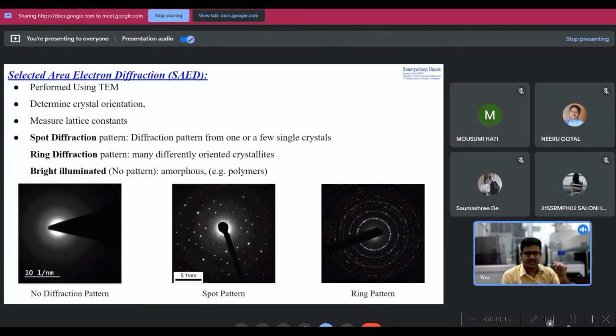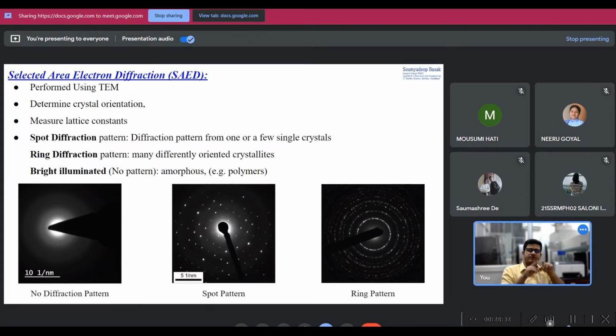So what is a ring? It is basically a ring-like arrangement of spots only. Why are these different spots created? In the middle there is a single crystal material that you are studying. The electron beam goes through the sample.